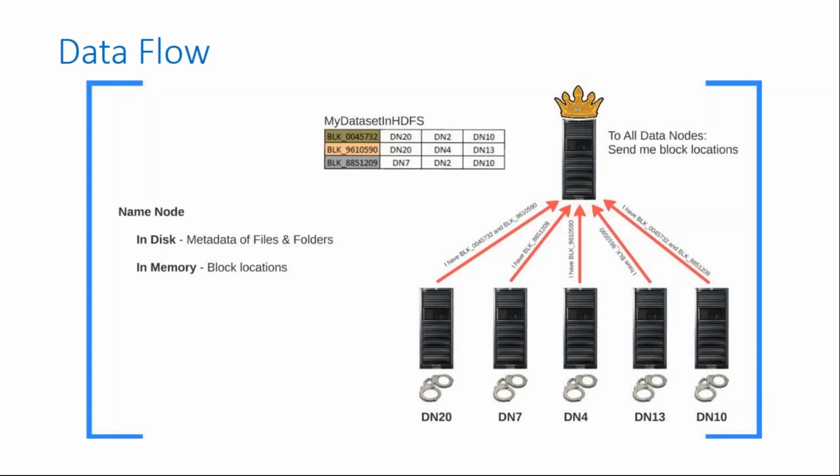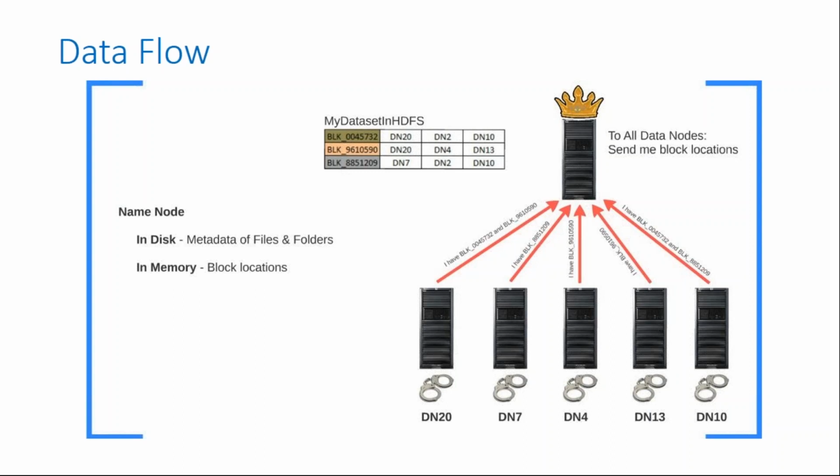But if it has to do that every time by going to the hard disk and coming back, reading and writing to the hard disk, it is going to take many more times than actually performing the operations in the RAM. So that's the reason why it holds these block locations in the RAM.